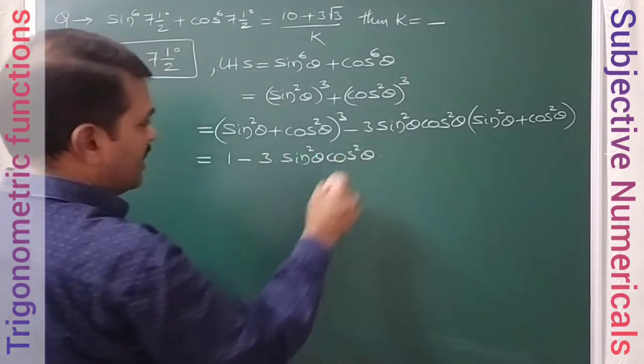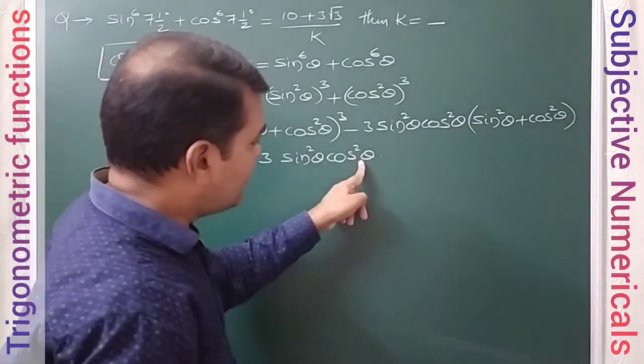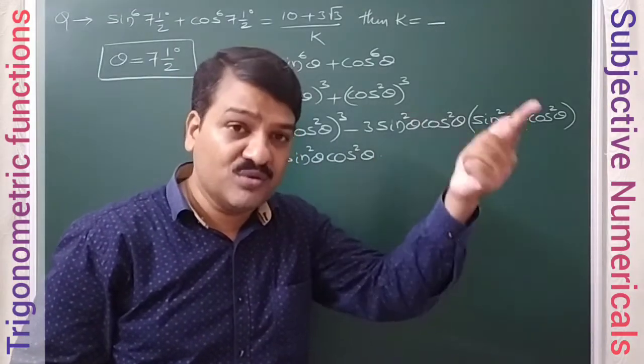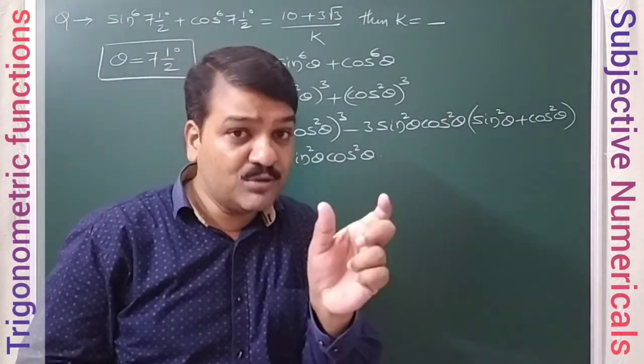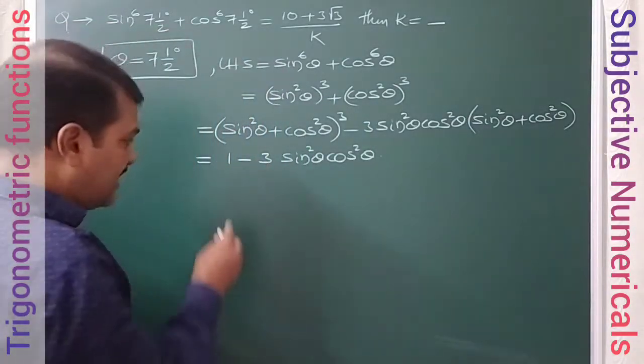Now if we have 4 here, 4 sine squared theta cos squared theta means 2 sine theta cos theta whole square, that means sine 2 theta whole square, if we have 4 here instead of 3.